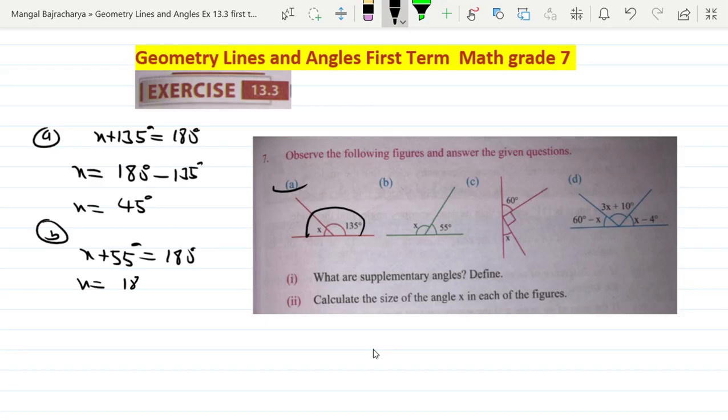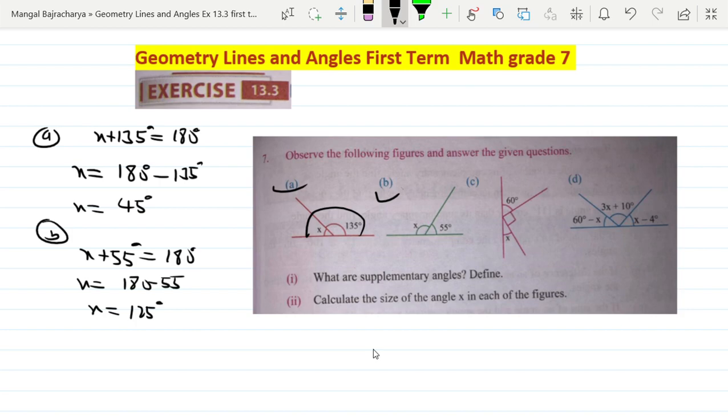So x we get is 180 minus 55, and through that way we get the value of x. From 180 you subtract 50 to get 130, then subtract 5 again to get 125, so x equals 125 degrees. A and B are very similar because the straight angle is split into two angles.